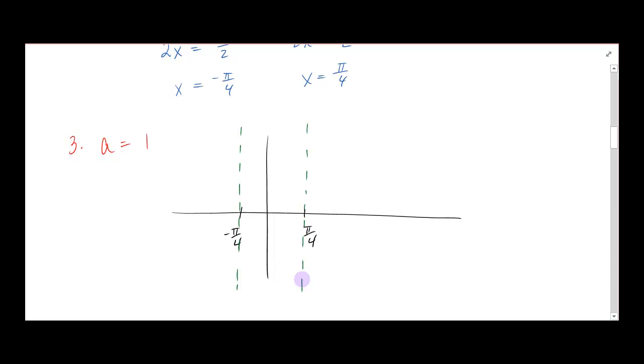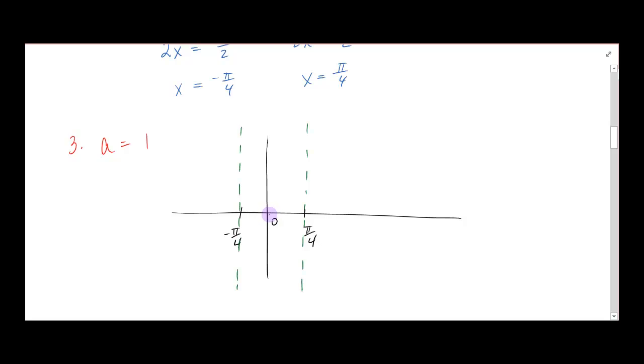And one more thing: if these are my two asymptotes, midway in between is where my tangent function is actually going to cross the x-axis, which is why I only have to divide this interval up into 2 parts. So I need to figure out the midway point between negative and positive pi over 4, and that one's pretty straightforward, it's just 0.